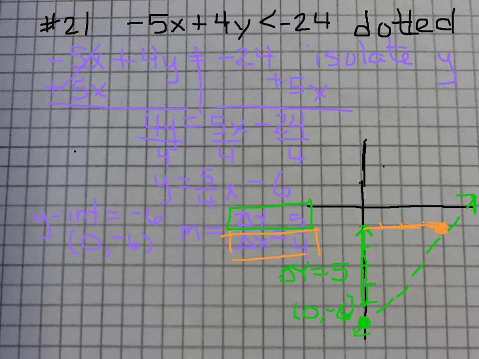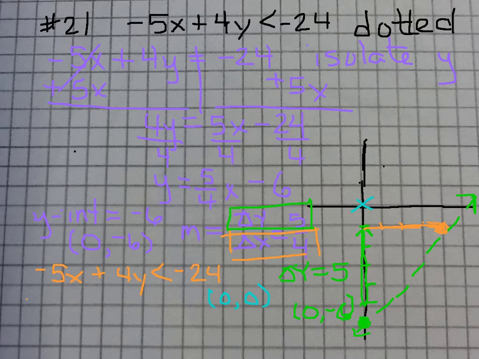All right, I see right off the bat that the point 0, 0 is not on the line, so I can plug that in. My equation, once again, I'll write it in orange because that was easy to see. My equation was negative 5x plus 4y is less than negative 24. Now I'm going to plug in the point 0, 0.